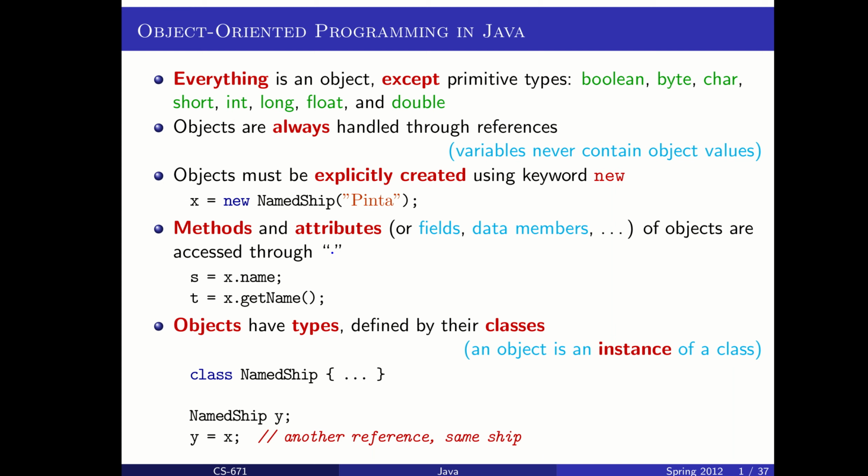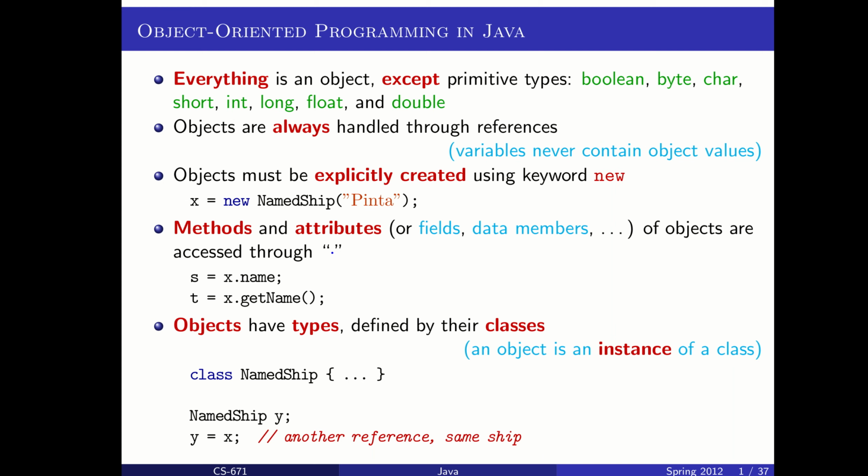Objects are always handled in Java through references to them, meaning that they never contain in their line in memory in the stack their actual values. They contain a reference to some space out in larger sections of memory in the heap.